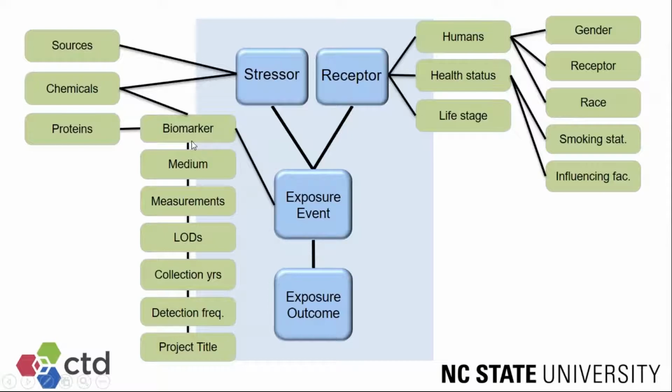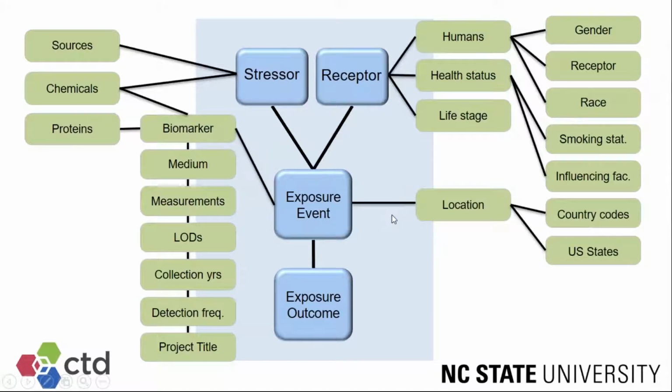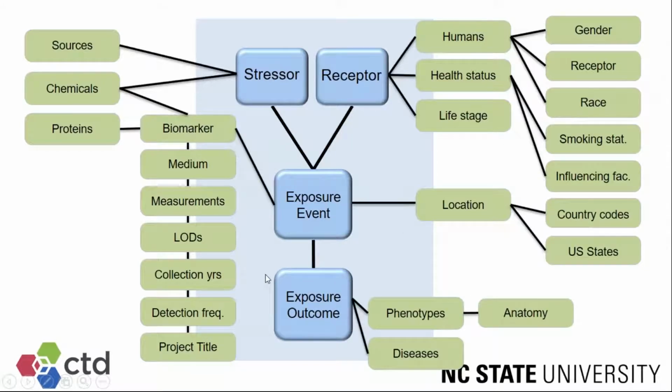What was actually measured, and what was the medium in which it was measured? Is it blood? Is it urine? Is it air? And then timing of the exposure event, and then outcomes, which were initially diseases, but now that we're capturing phenotypes, we have that information as well.